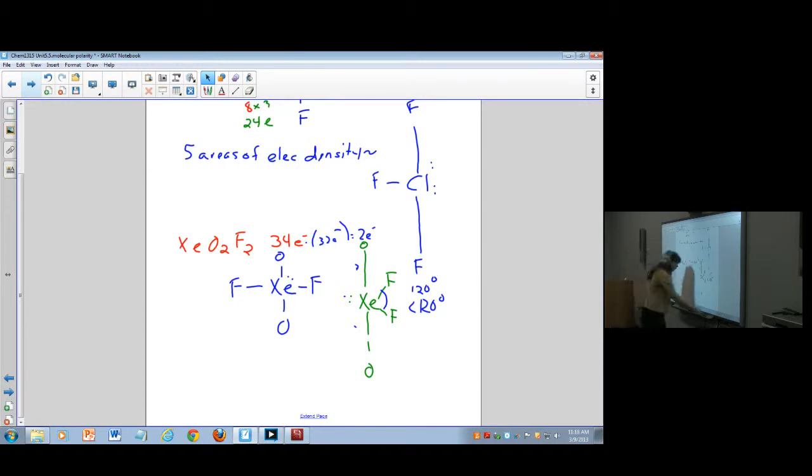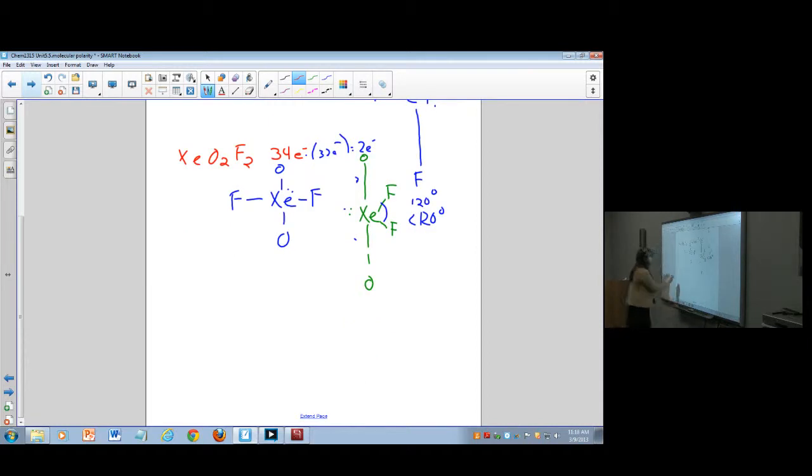If you get a structure, for example, like PF5, can you just take it for granted that that's going to be trigonal bipyramidal? No, but in this particular case, it turns out that it is, and that ends up looking like, when you draw it, something like this.